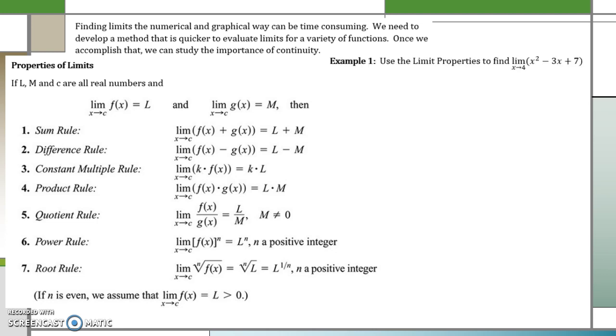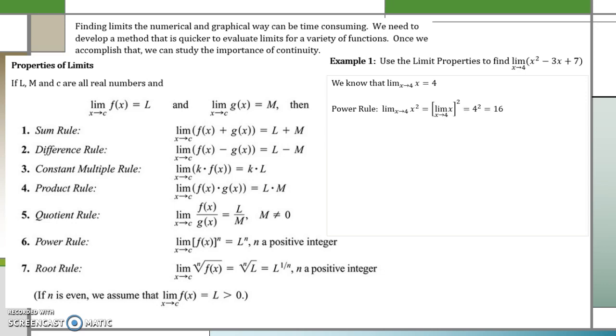So our first example, let's use the limit properties to find the limit as x approaches 4 of x squared minus 3x plus 7. So we know that the limit as x approaches 4 of the value of x is 4 because it states x is approaching 4. So it must be 4.